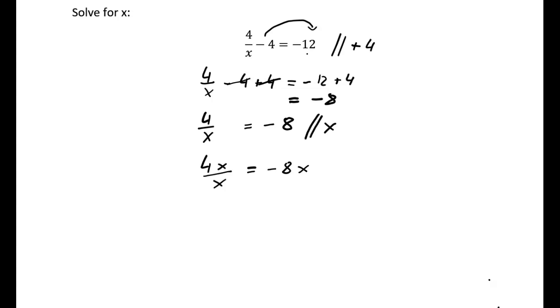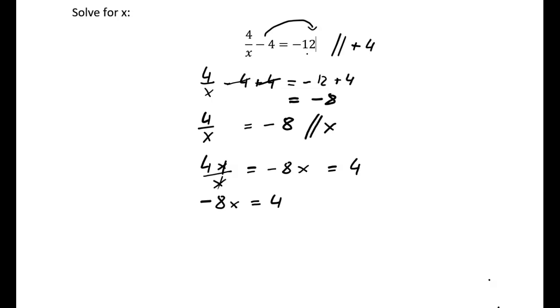And we see on the left hand side x and x cancel out, and on the left hand side we have therefore just simply 4. So we've got negative 8 times x equals 4.